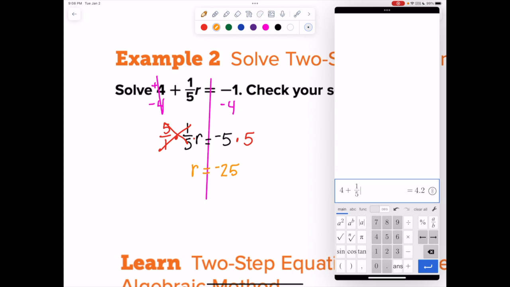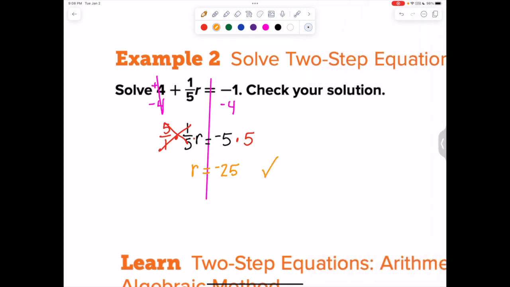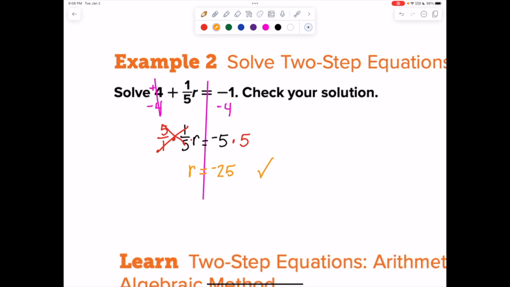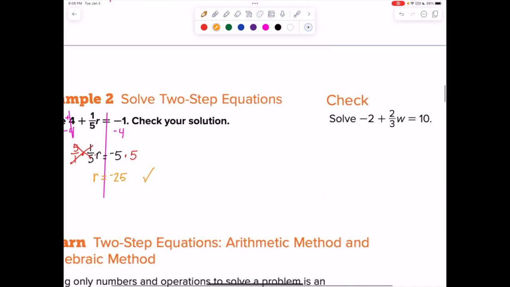Times r was negative 25. But I need to make sure it says times r. So times a negative 25. And it shows it equals negative 1. So we're good there. And we're all set with our check. So I'm going to put a check to show that I checked it. But in this case, I just checked on my calculator.